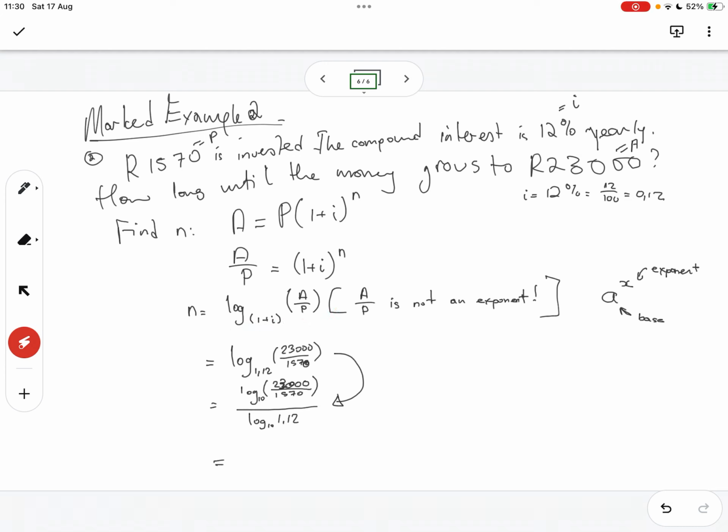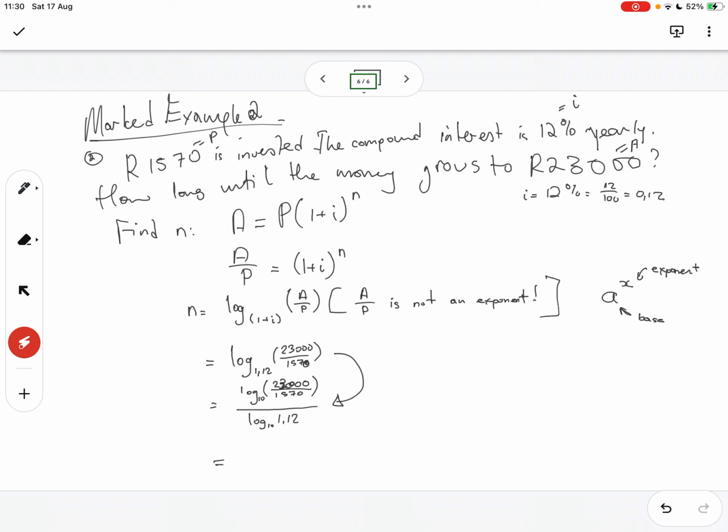Okay, that's how logarithms work. It's still an exponent, but we're thinking about an exponent in reverse order. For now, logs are like the reverse of exponents.